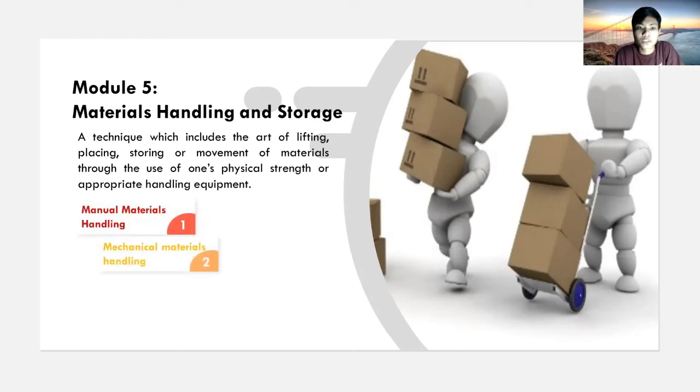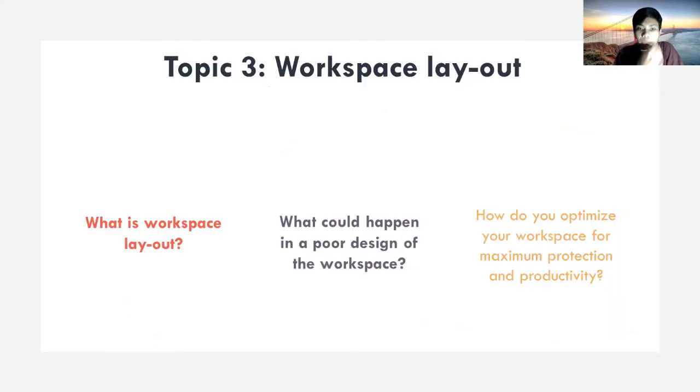The previous discussion was about manual materials handling and mechanical materials handling. What we're going to discuss in this part is workspace layout, which is topic 3, and material storage, topic 4. So we're going to discuss two subtopics. Topic 3 is workspace layout.